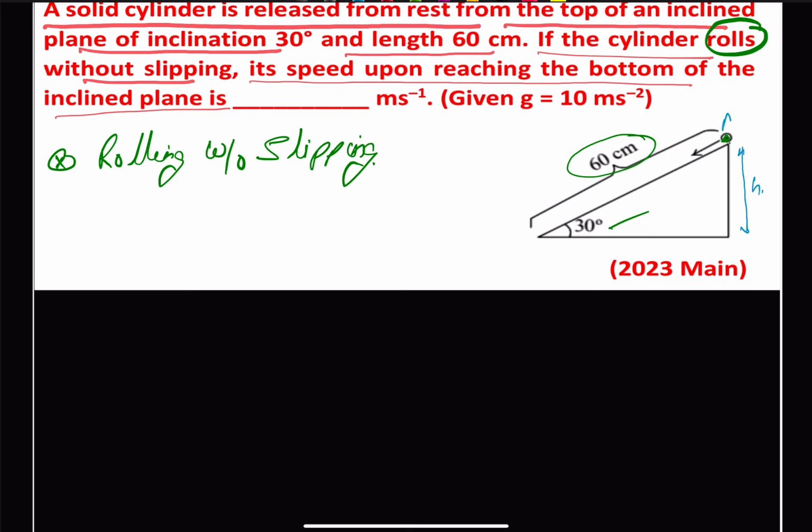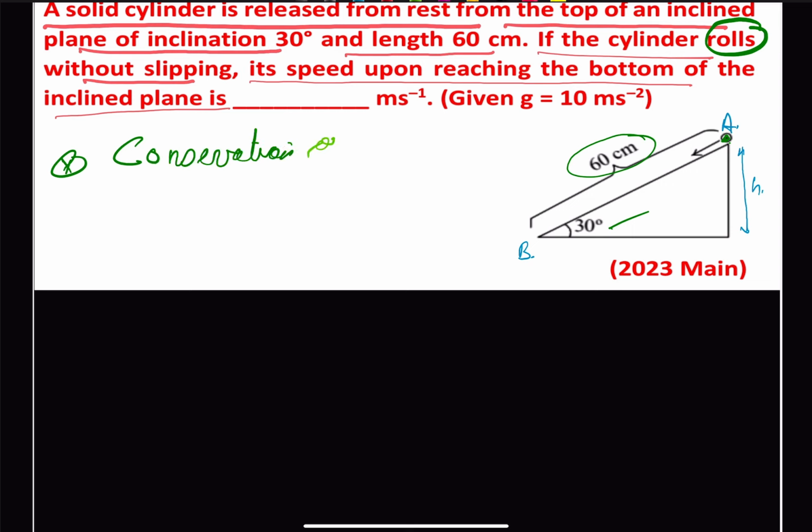Let us suppose this is point A and this is point B. It is rolling without slipping, and let me start with conservation of energy. So we can say conservation of energy, which basically means that potential energy at A will be equal to kinetic energy at B.